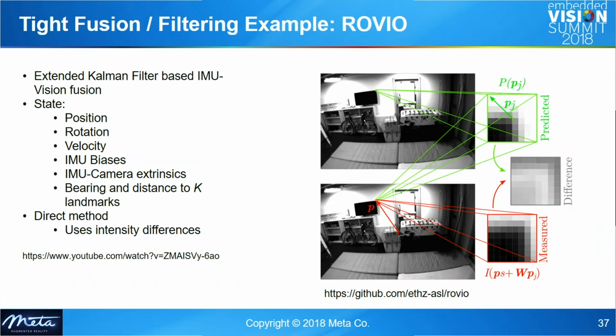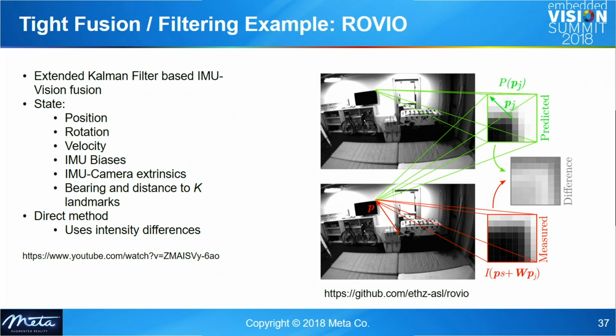As said, it is an extended Kalman filter-based visual inertial tracking system. The Kalman filter represents the system state with the pose and motion states. It also tracks the biases of the IMU, the extrinsics between the IMU and the camera, and then for the visual part, it tracks a number, typically 50 or so, landmarks.